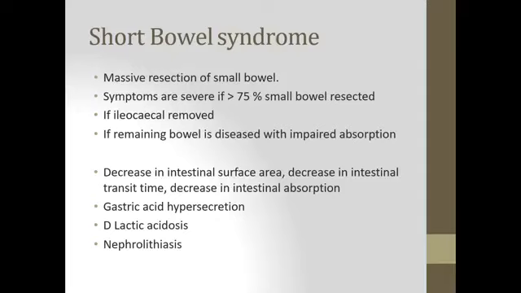If the remaining bowel is already diseased, or has impaired absorption, decreased intestinal surface area, decreased intestinal transit time, and gastric acid hypersecretion, this leads to gallbladder stones, and absorption of oxalate leads to nephrolithiasis.